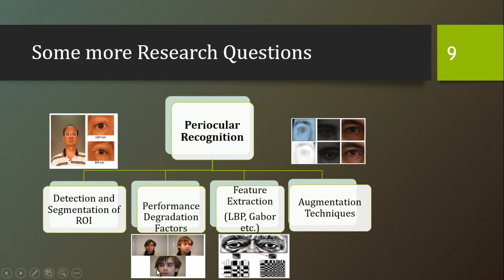What variation factors could my model face while periocular biometrics are taken into account? How do traditional feature extraction techniques like local binary patterns and Gabor filters, similar kinds of hand-picked features, work for periocular biometrics? What possible image augmentation techniques must we adopt to overcome these performance degradation factors?